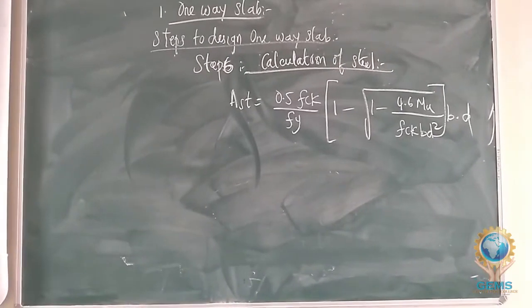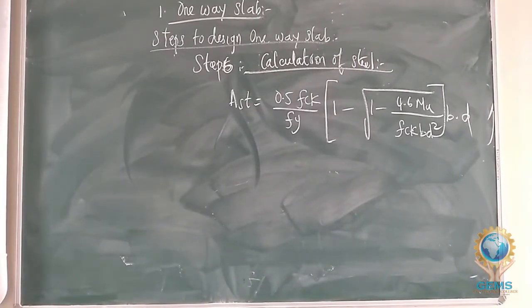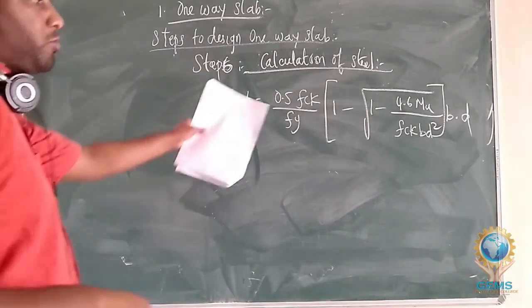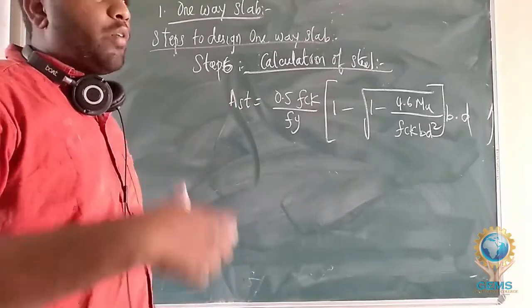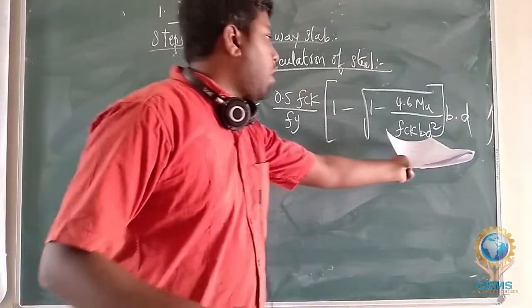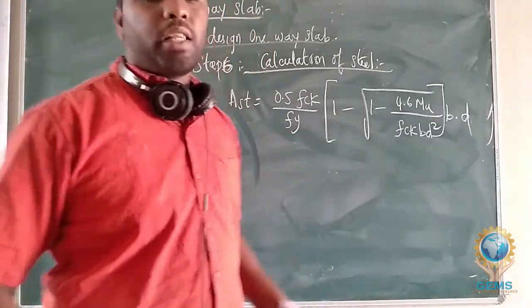So this is your formula. Using this formula, you substitute all the values. You have already calculated small d and MU, so you will substitute and get the value.